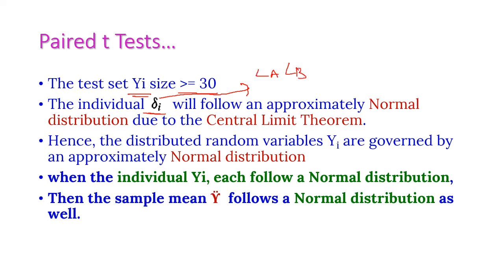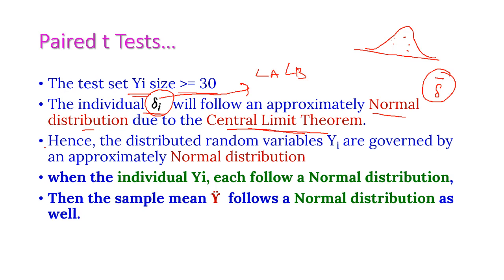That is the error difference between the two algorithms, and that will follow approximately a normal distribution due to the central limit theorem, because we have already found delta bar. So by using the central limit theorem, we identify this. If it falls on the normal distribution, then all these delta i should also fall on the normal distribution.